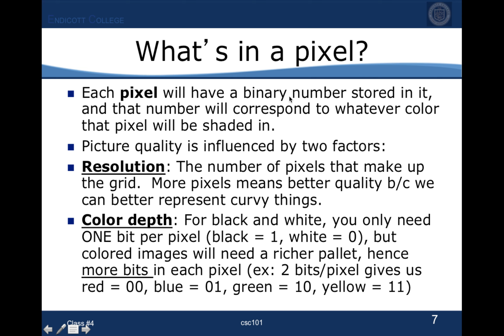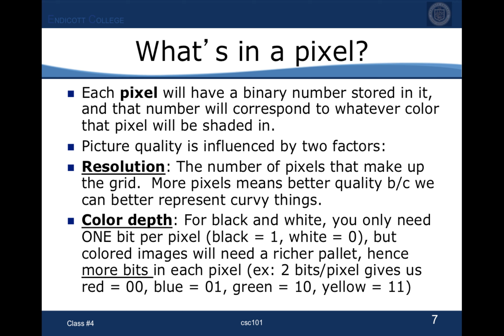But in any case, it's got some binary number stored in it, and that number corresponds to whatever color is supposed to be shaded in that pixel. Just like we saw before in our simple example with the letter E that we drew, 0 or 1 tells you black or white.